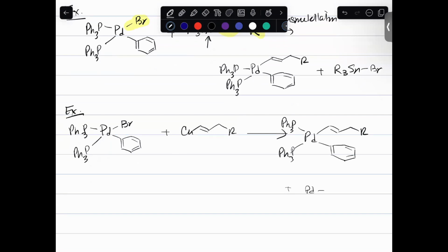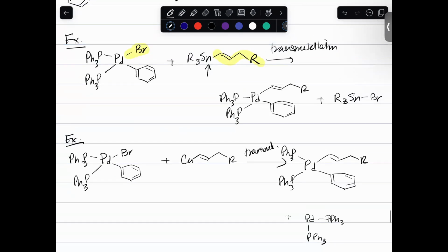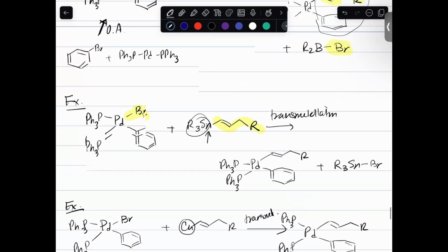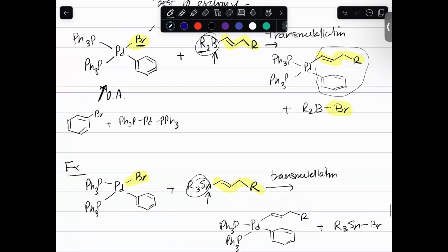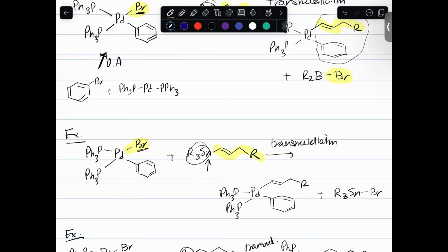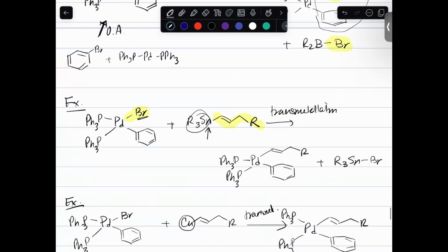And of course, regenerate your metal. And so what I want you to see is that all you're doing is exchanging ligands between metals. That's it. And typically, what you're always exchanging is a halogen.